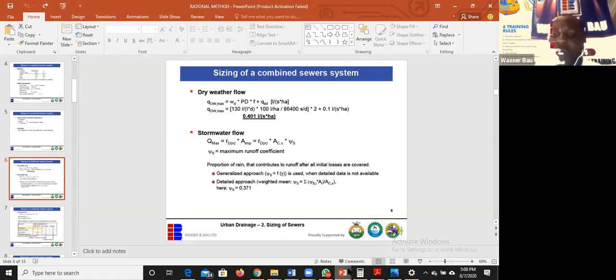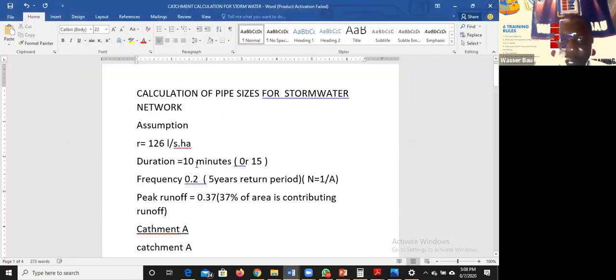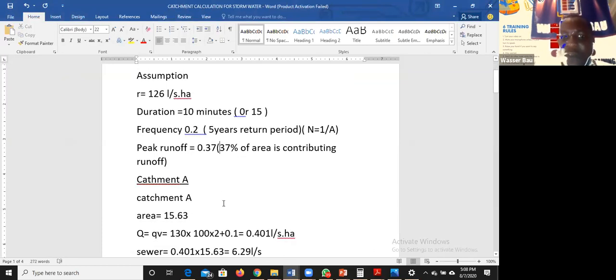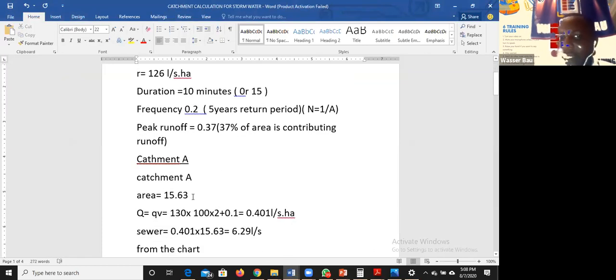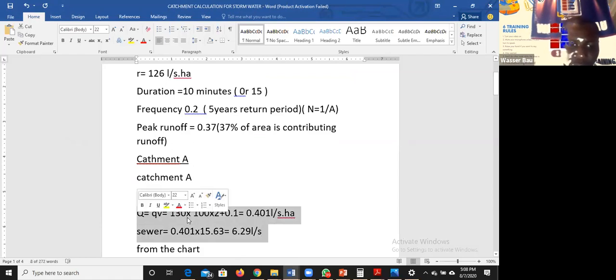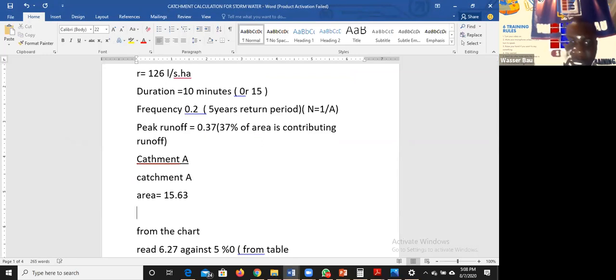Now, if we are calculating for runoff, we assume all these values. For catchment A, the area is this. Therefore the runoff, which is QR, I don't know how to put that, but that is capital Q with subscript R. I can do this, with Word's underscore.